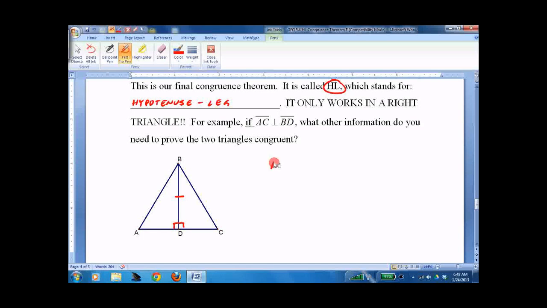We would say that AB has to be congruent to BC. And then we would say triangle ABD is congruent to triangle CBD by HL. That's tricky stuff. Very tricky stuff.